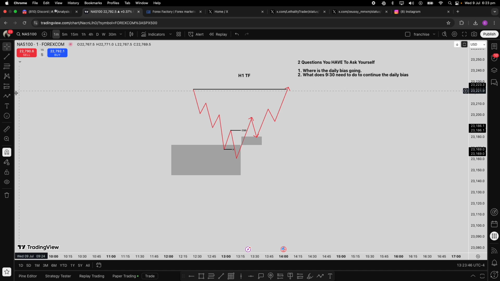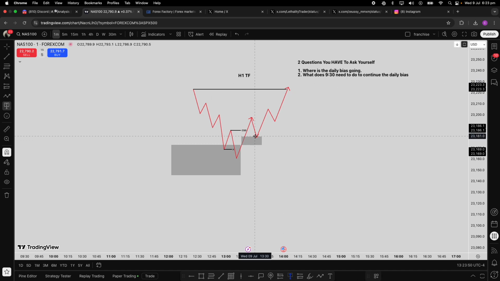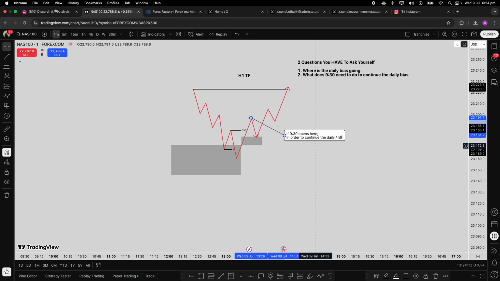And then we'll put text, note, if 9:30 opens here, in order to continue daily higher time frame bias, it must short into the IRL.